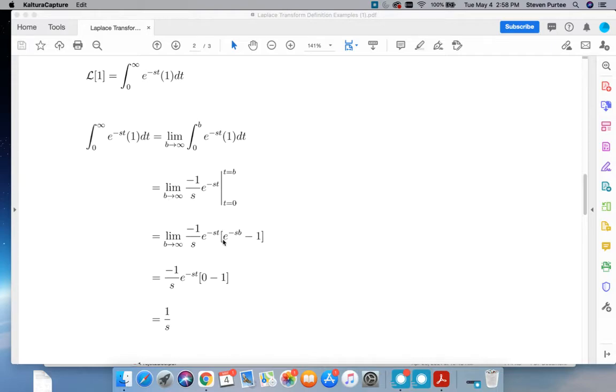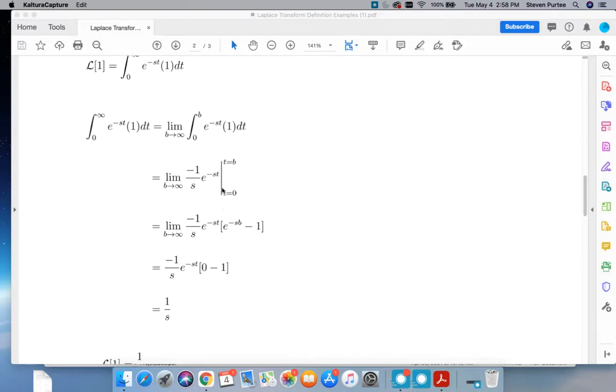This term here will go to 0. Remember, these are t's we're plugging in. You've got to be careful when you're doing Laplace transforms by the definition, because you have two different variables inside your integral here. We're integrating with respect to t. That's my variable. That's what I'm plugging in. Our answer is going to have s's in it.